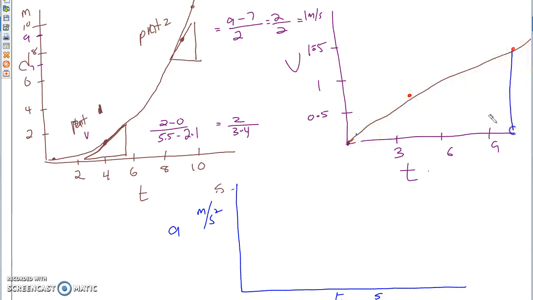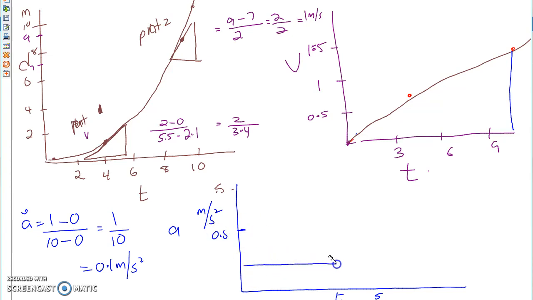A is 1 minus 0 divided by, that looks like 10 seconds minus 0 seconds, which is 1 divided by 10, which is 0.1 meters per second squared. Imagine if this is 0.5 right here, 0.1 would be here. This is constant acceleration, 0.1 meters per second squared.